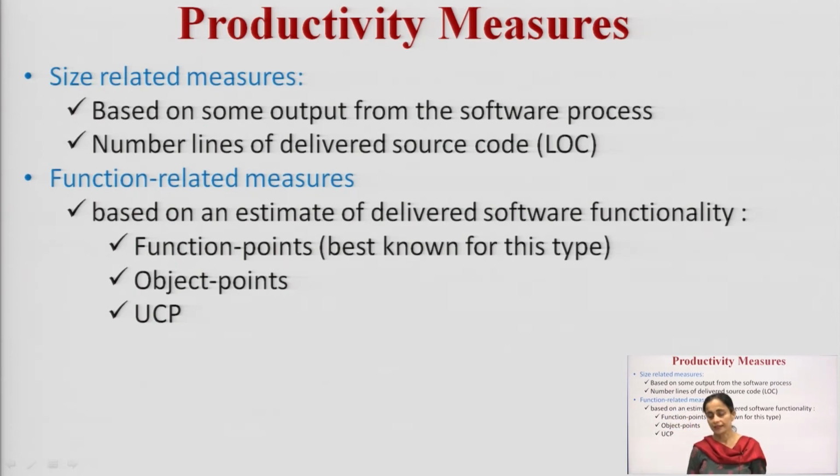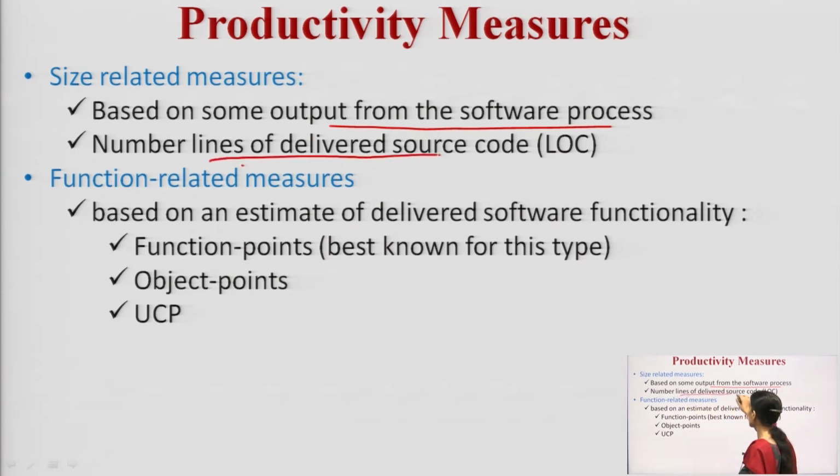Next are the size related measures. Size related measures focus on the sum output from the software process, and here we are talking about the number of lines of code being delivered, the lines of code existing in my source code.